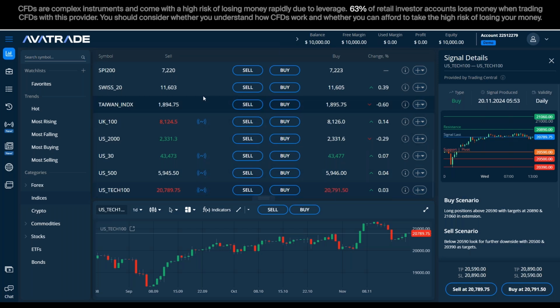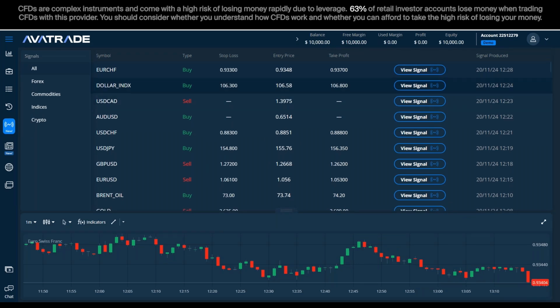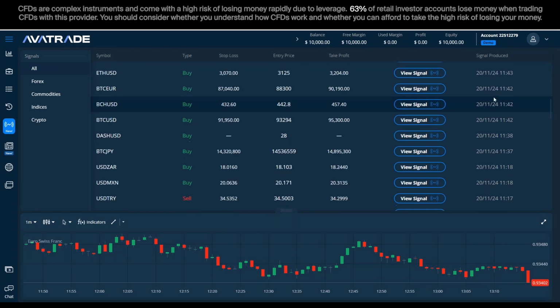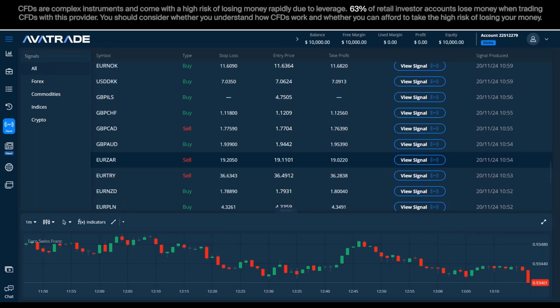But if I don't have a specific instrument and I would like to get a general idea of what is worth trading, and I just want to use the signals, I can go to the section and pick from the list. Keep in mind that this is by a linear time frame. That means this is the newest, and obviously this is the oldest.